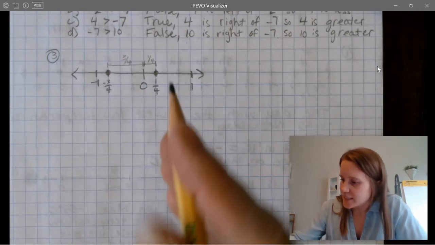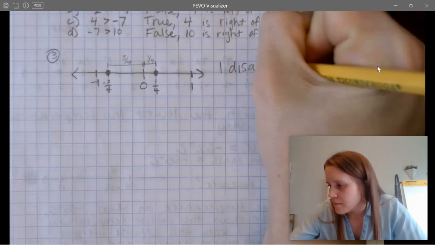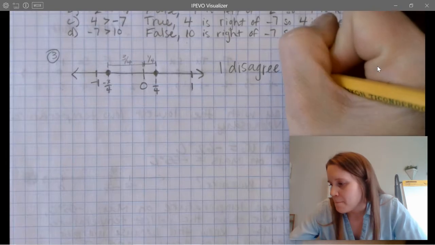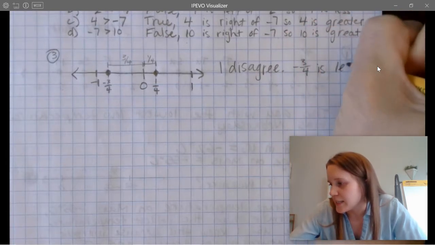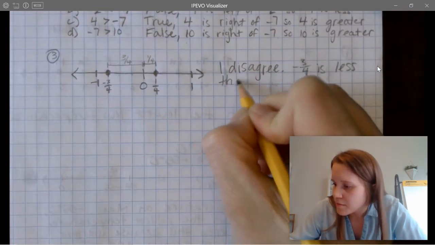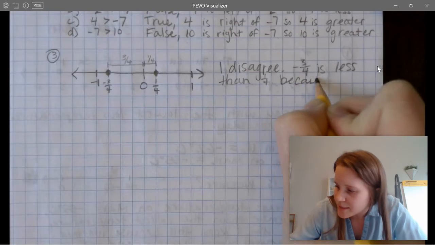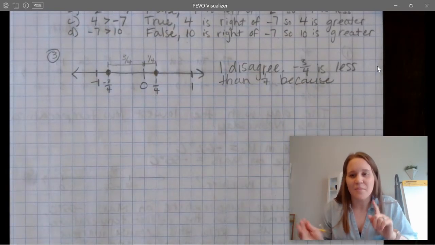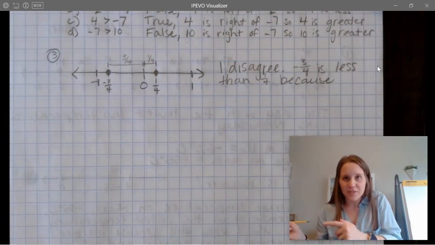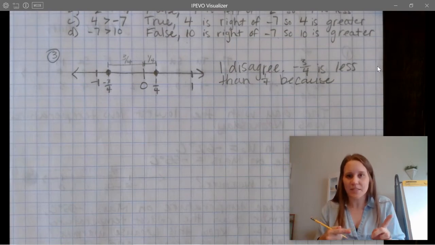So let's write our answer. I disagree. Negative 3/4 is less than 1/4 because we're using the same reasoning over and over. Can you hear it? We're thinking about farther to the left for small numbers, for less numbers, and farther to the right for greater numbers.